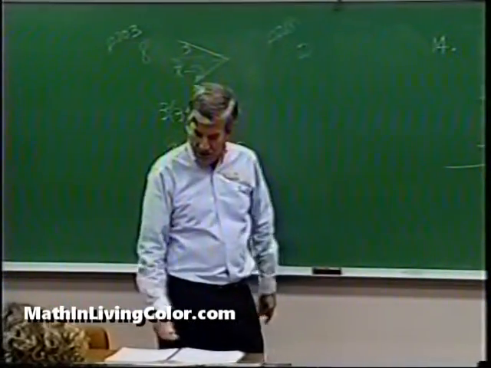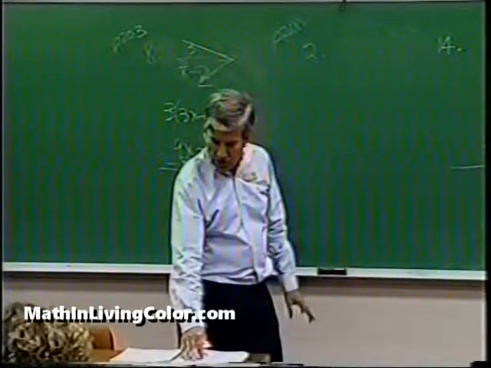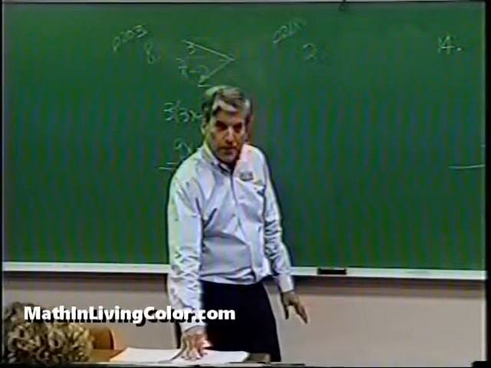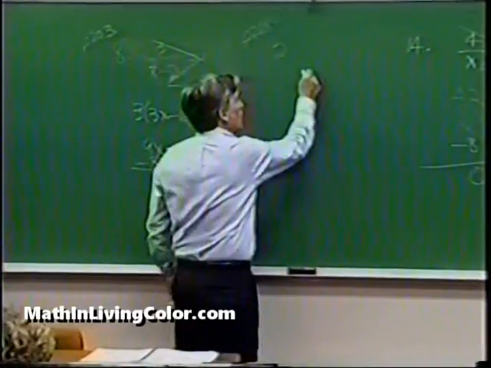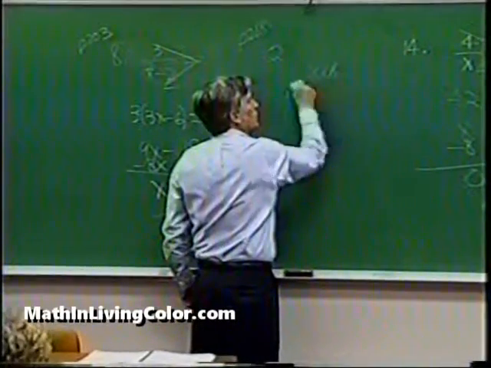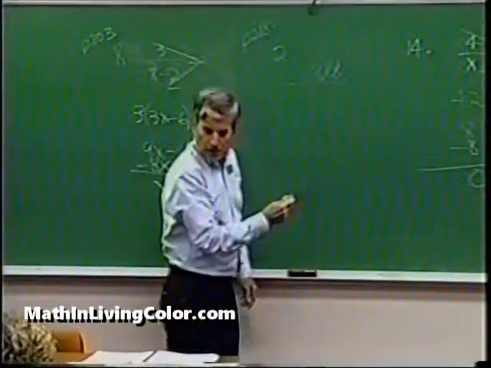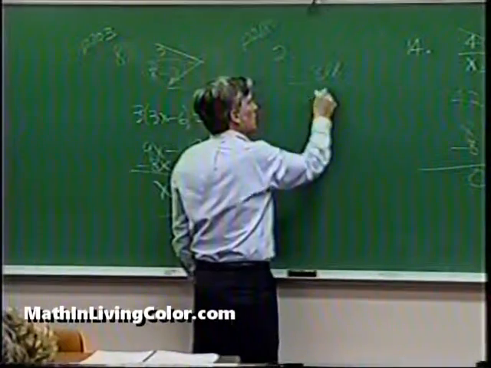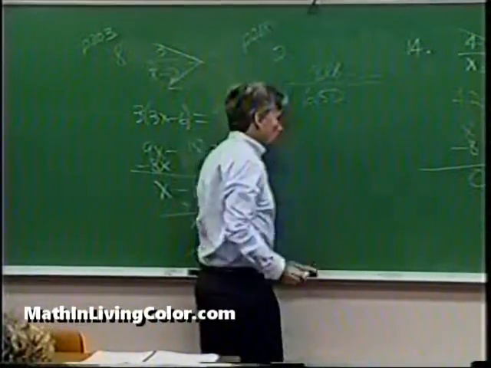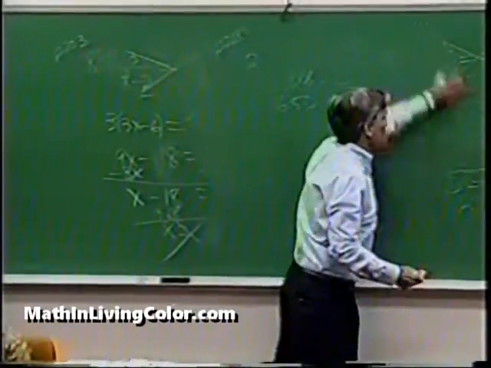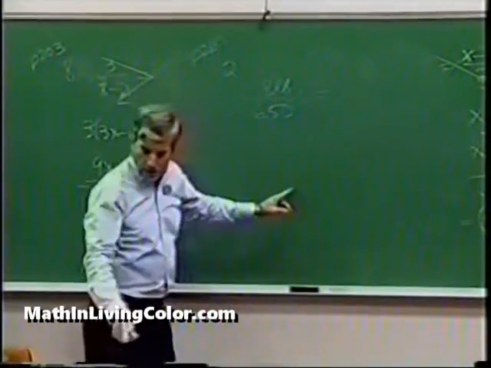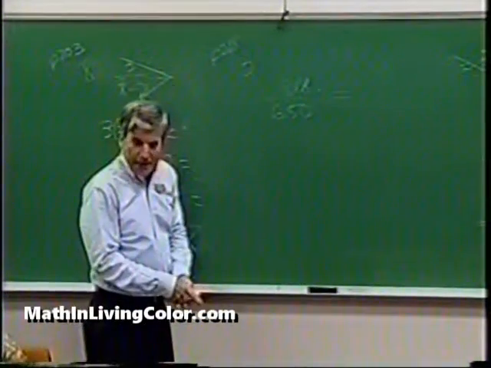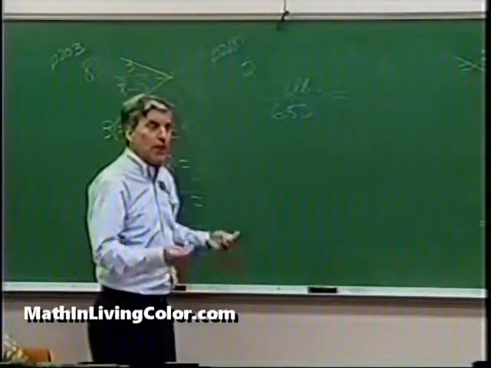Look at number 2. It says, if 8 pounds of dog food costs $6.50, set up a ratio of 8 pounds is to 650. Then what would that equal? On the other side, it says, what would you expect to pay for 25 pounds?